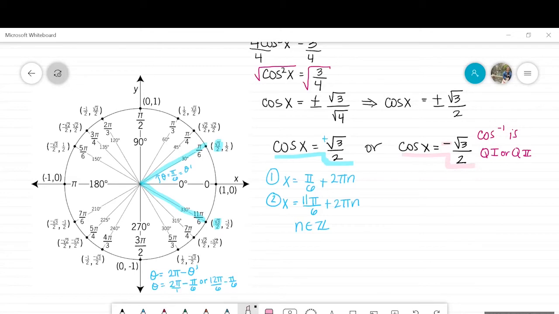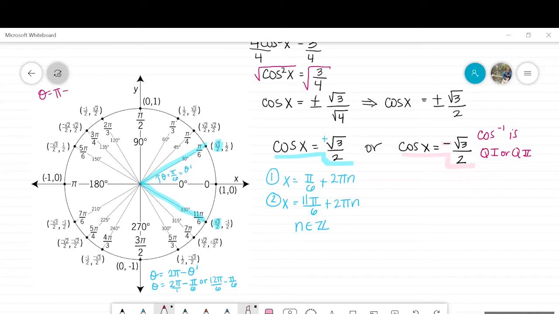So again, I can use reference angle notation to make this work. And it's really the same reference angle as this, right? Remember, reference angles always give us positive outputs. But if we were to put cosine in the second quadrant, then we would say theta is pi minus our reference angle, because that's the rule for the second quadrant.